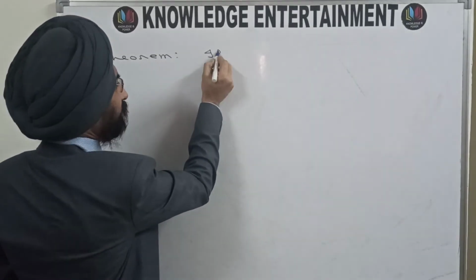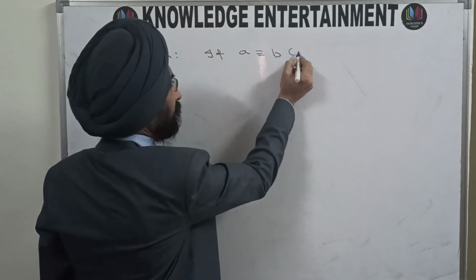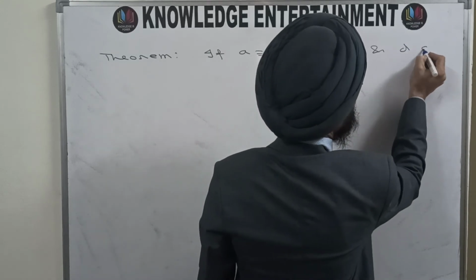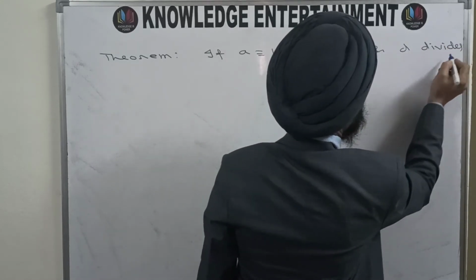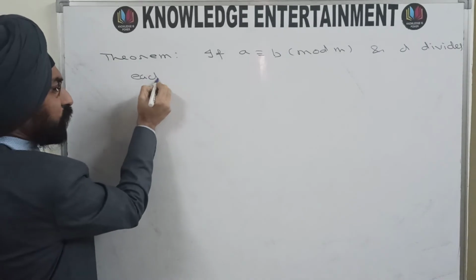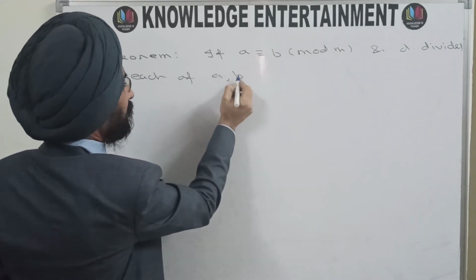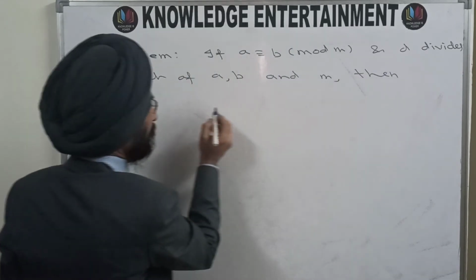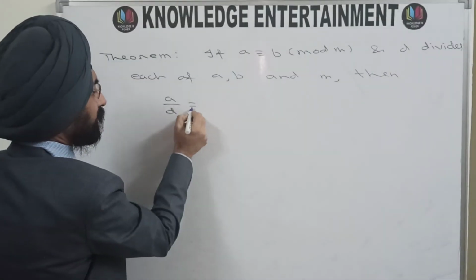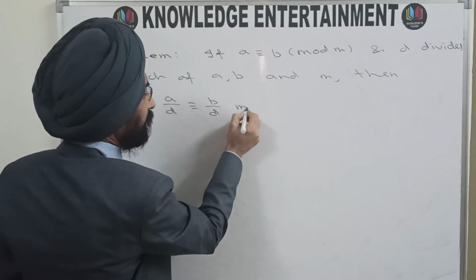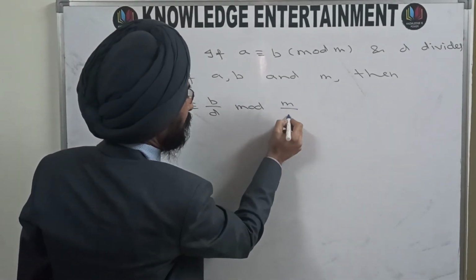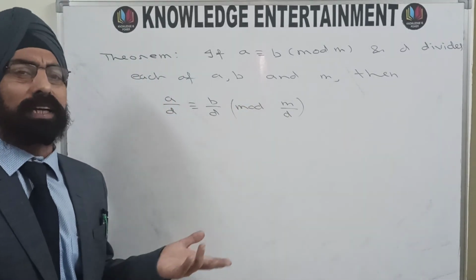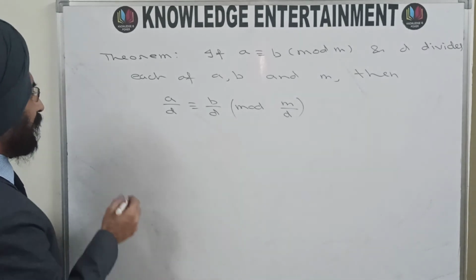Theorem: if A is congruent to B modulo m and D divides each of A, B and m, then A upon D is congruent to B upon D modulo m upon D. And you will enjoy the proof, as it is very easy and very interesting.